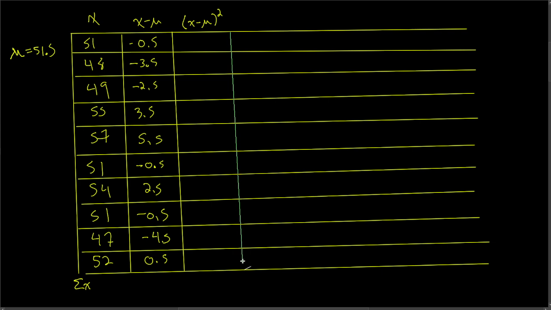Because there's sums involved, it's easier to do things in columns. And so we're going to square each of these numbers, running to my calculator here.